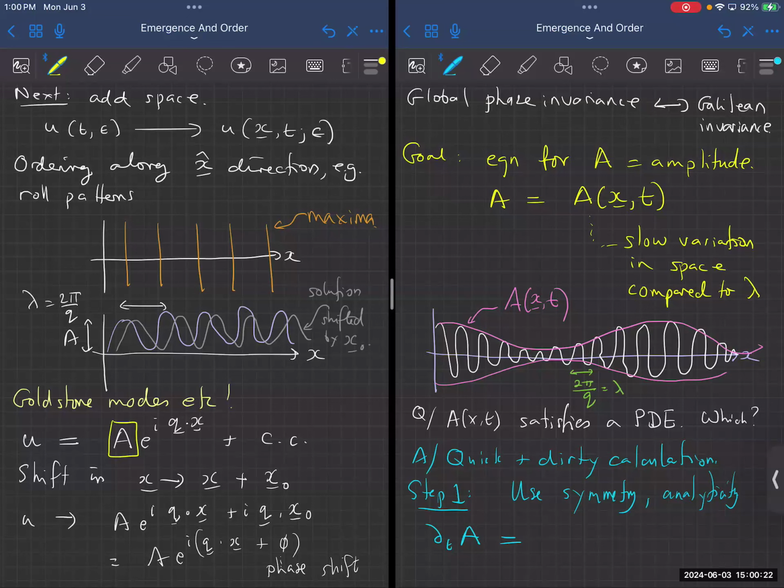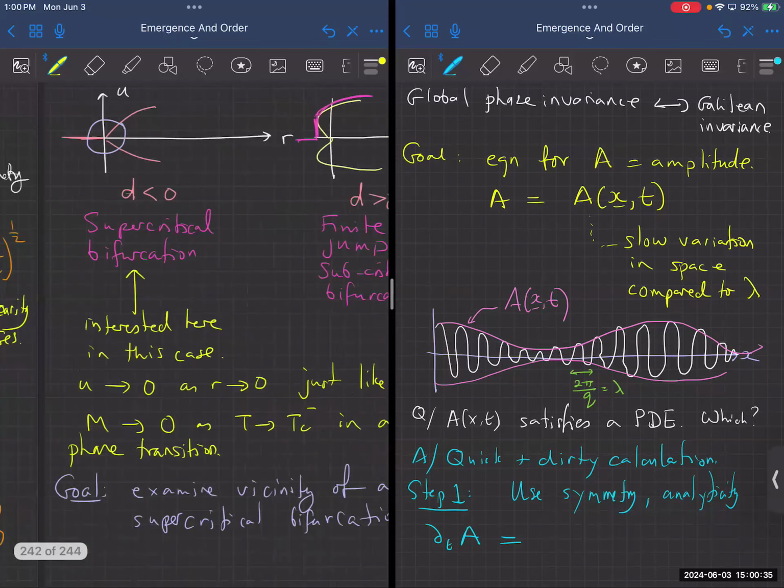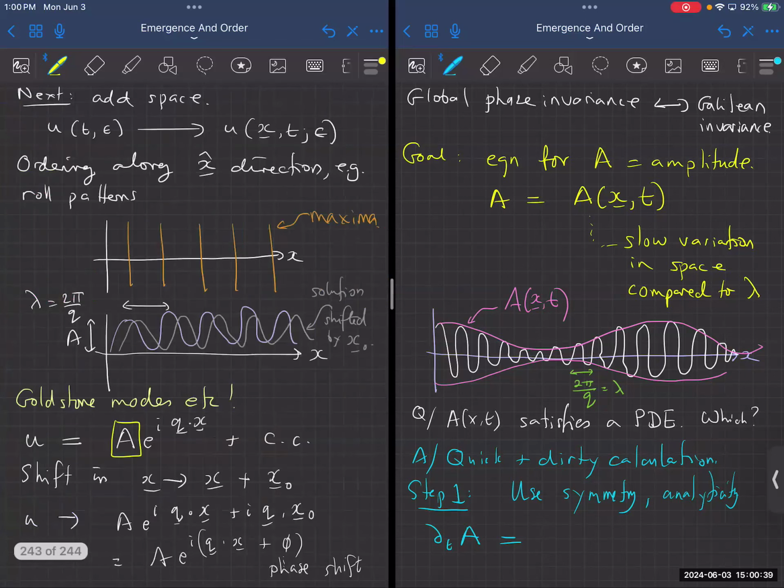So it's going to certainly involve something to do with the equation for u. So the equation for u, where is it over here? U has to be positive in order for there to be a pattern at all. So what we expect is that the amplitude is going to be proportional to, there's going to be a term that looks like that.